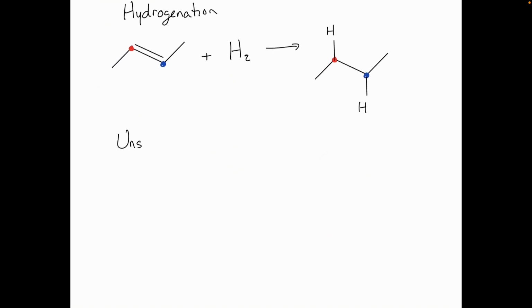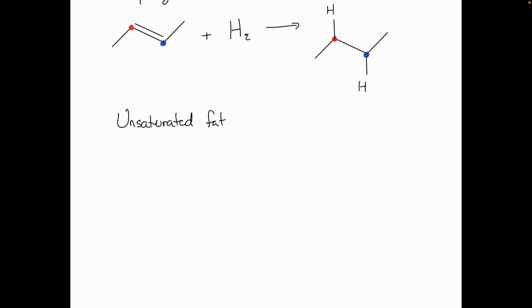So an unsaturated, exactly, unsaturated fat would be something that looks, at least part of the molecule, like this, right? Fats are these long hydrocarbon chains. Unsaturated fats are alkenes. They have a lot of double bonds in them, right? Unsaturated fats, those are the healthy ones, right?